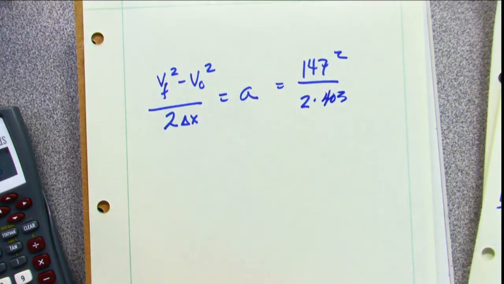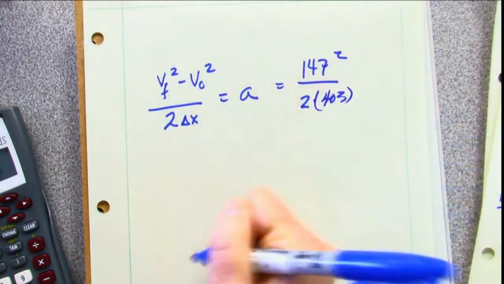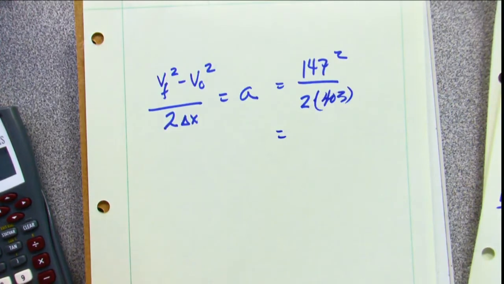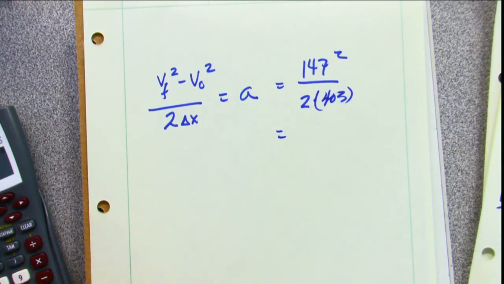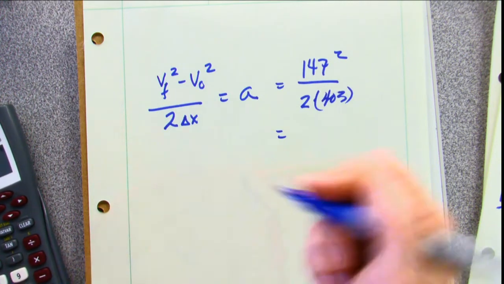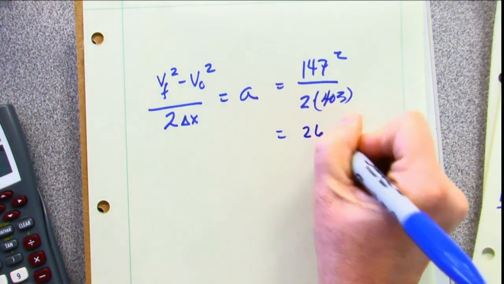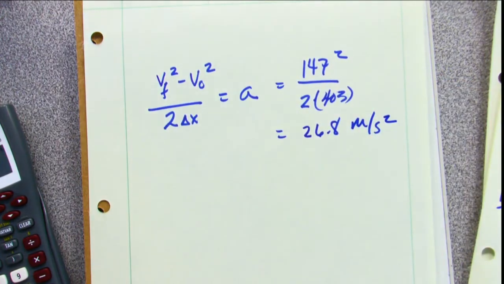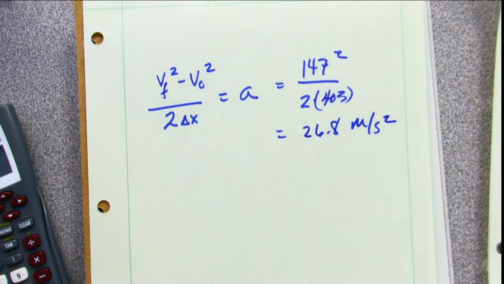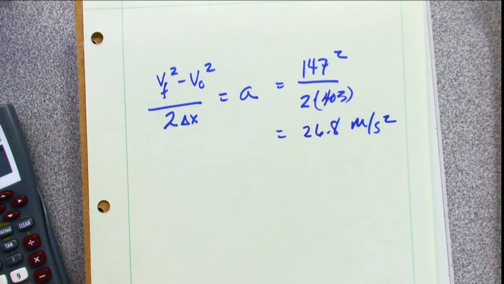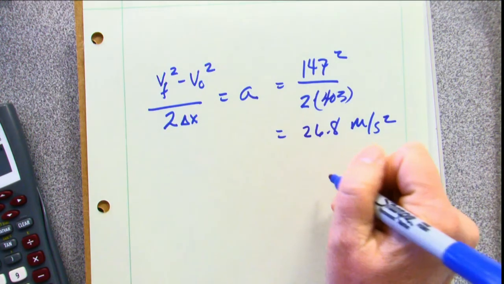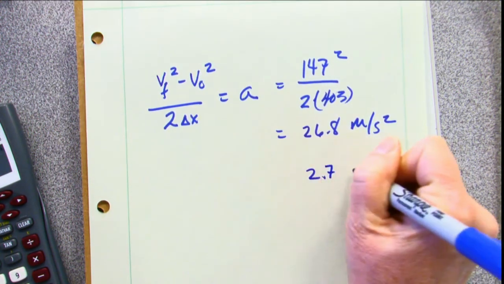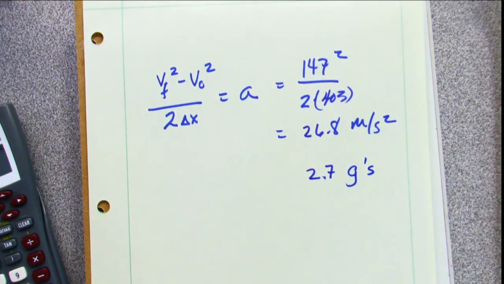I think 403 was a good engine in cubic centimeters. 147 squared divided by 806 gives me 26.8 meters per second squared. Divided by 9.81 gives me 2.7 G's.